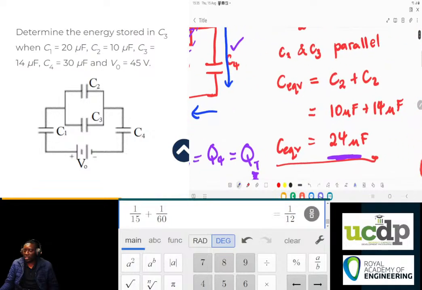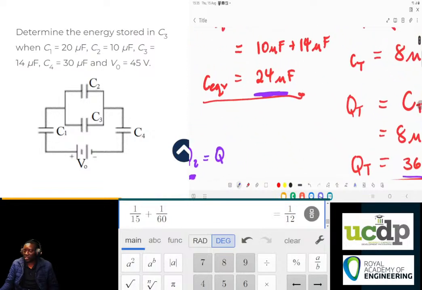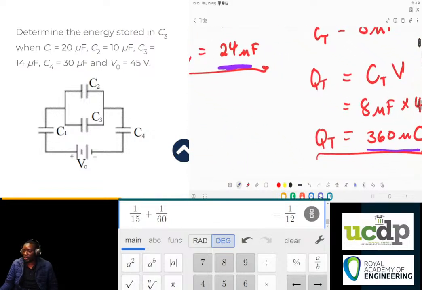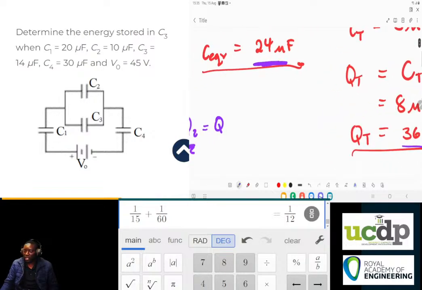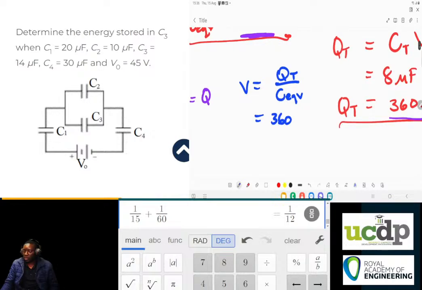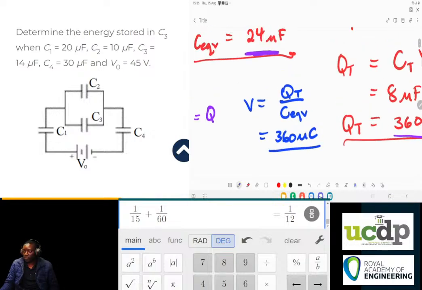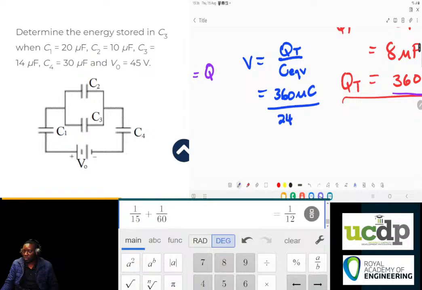So while it's in series, if our equivalent capacitance is 24 and our total charge is 360, then the voltage V is equal to Q total, which is the same as the equivalent, over the C equivalent. So this charge, 360 microcoulombs over 24 microfarads, will give us a value.